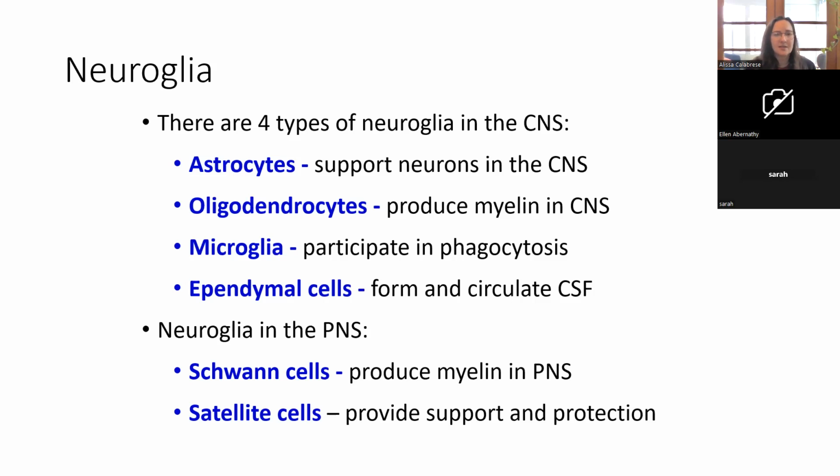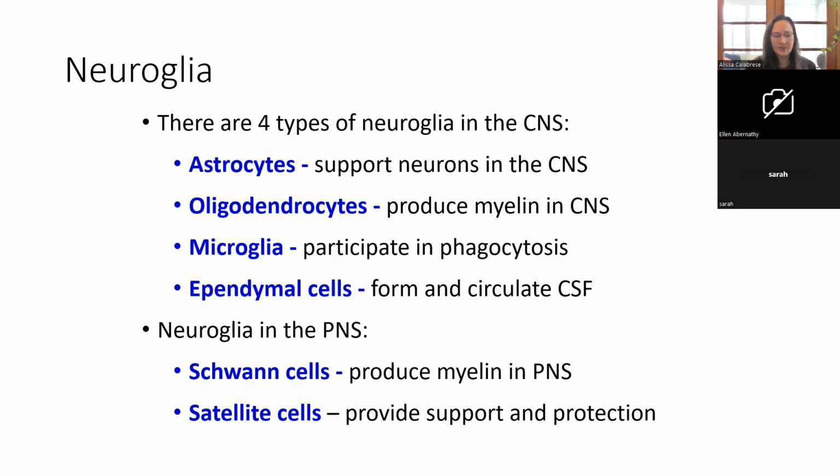The job of the astrocyte is to create the blood-brain barrier. So if you've never heard of the blood-brain barrier, it's just like an extra layer of membrane that surrounds the blood vessels in the brain to help protect the brain from any toxins that are circulating in the blood, right? So astrocytes are the type of glial cells that do that job.